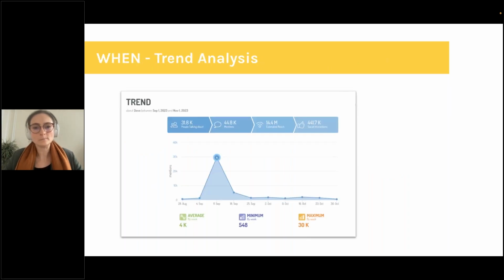So let's see which analyses we would recommend you keep an eye on in the 5 W's. The starting point will be the when, the trend analysis. Here you'll be able to see if there is an abnormal level in the volume of mentions. This can help you understand if it's just bad buzz or if you are actually dealing with a crisis.